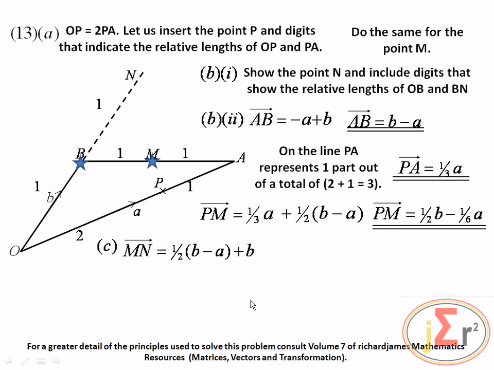And of course, AB is b minus a. So we have a half of b minus a, plus b. A half of b plus b is equal to 3 over 2 b. And then we have minus a half a. So we have 3 over 2 b minus a half a.